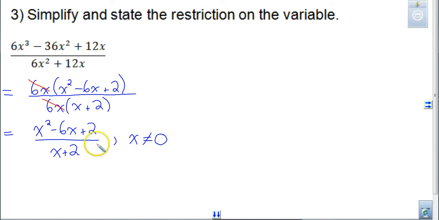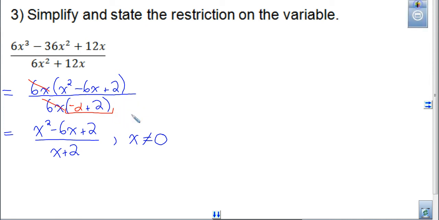If you take a look at this set of brackets right here, x plus 2, now if you imagine that we put in that x is equal to -2 inside there, -2 plus 2, this bracket would be equal to 0. Now over here, 6 times -2, that'd be -12, but it doesn't matter because this bracket multiplies it, and if it's 0, the whole thing is 0 as well.